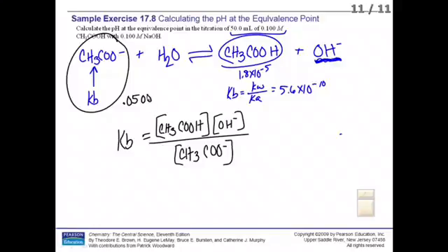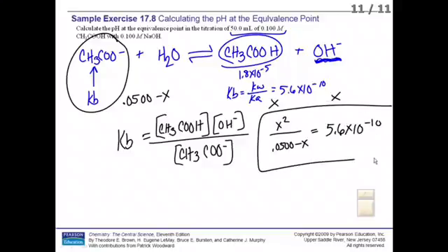The problem is that we don't know how much we lost. If you think of an ice table, this ion lost a certain amount, because it did react a little bit with water. We don't know these concentrations. They're x and x. So what we have is x squared over 0.0500 minus x, all equal to 5.6 times 10 to the negative 10th.